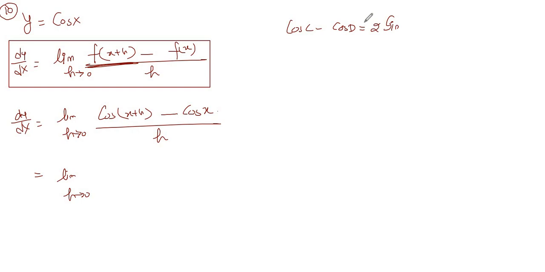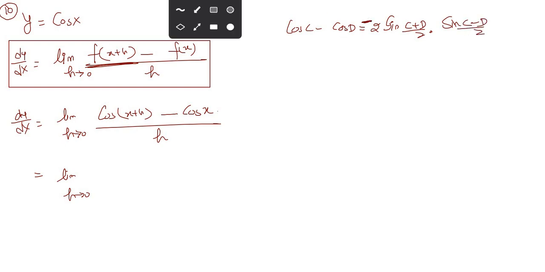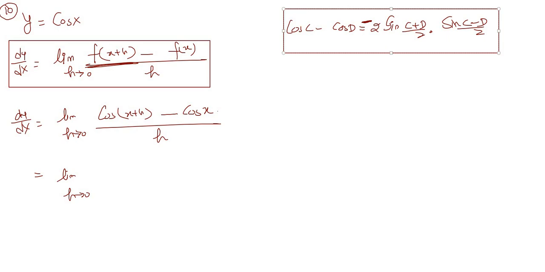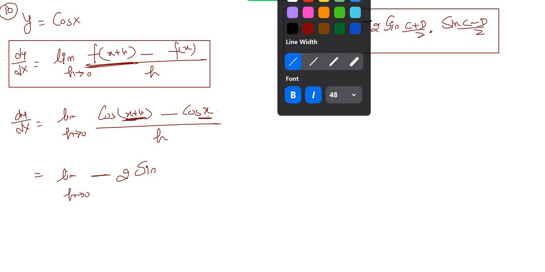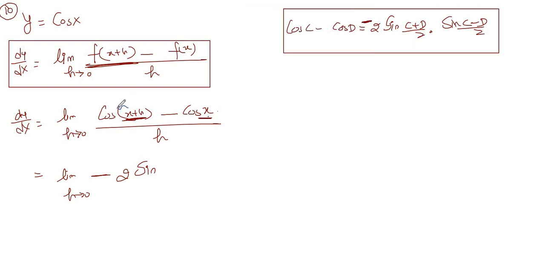Minus 2 sine c plus d by 2 into sine c minus d by 2. This is the formula with the minus sign. Remember, with the minus sign. I will use it here. Minus 2 sine c plus d by 2. Remember, this entire thing is working like c and this thing is working like d.